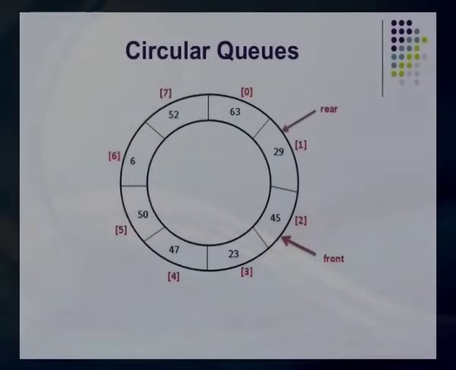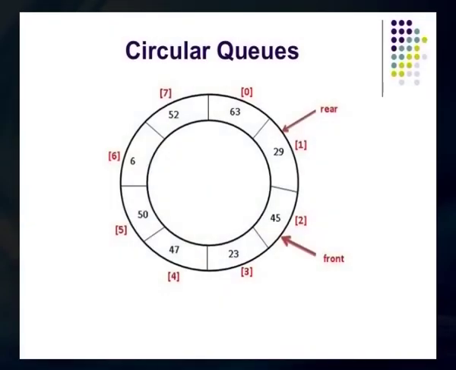So, front is rear plus 1, and interestingly when the queue is full, then also front is rear plus 1. So, how do we come to know if the queue is full or empty, since for both cases front is rear plus 1?